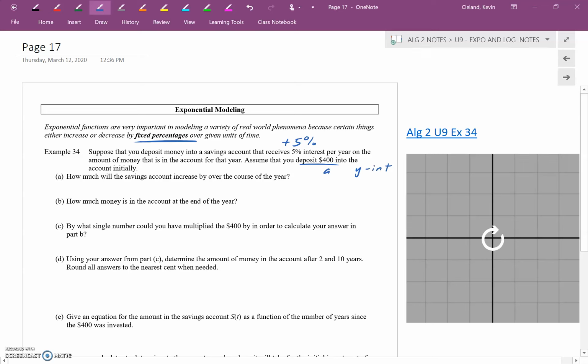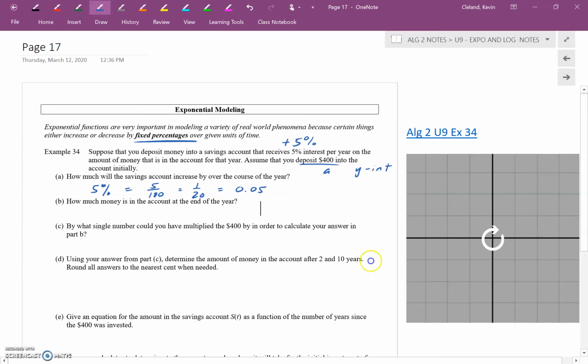Okay, how much will the savings account increase by over the course of the year? Well, it's going to increase by 5%, but a little review here. 5% is 5/100ths, which is equivalent to 1/20th, but then back to 5/100ths. This is why we write it in decimal form with 0 in front, because that's your tenths place, hundredths place, 5/100ths.